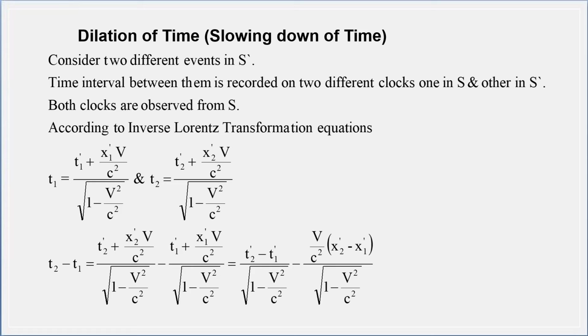Then we keep a clock in the second frame as well as in the first frame, and from the first frame we observe the time interval on the clock kept in the first frame and the clock kept in the second frame.